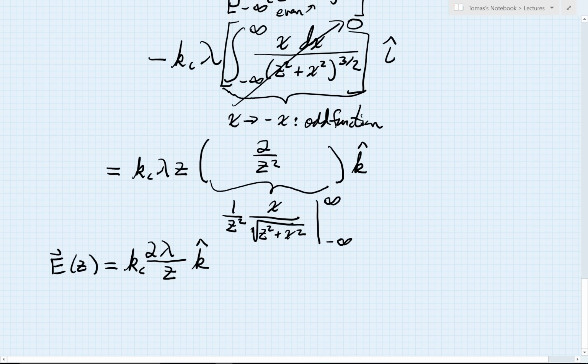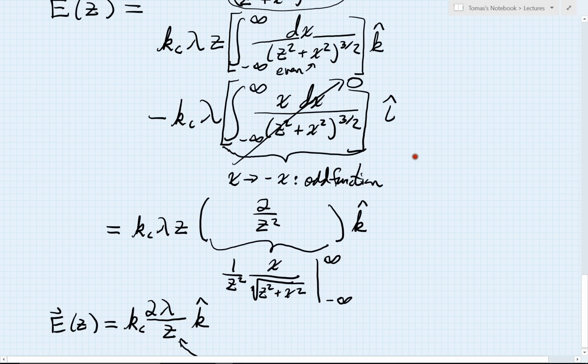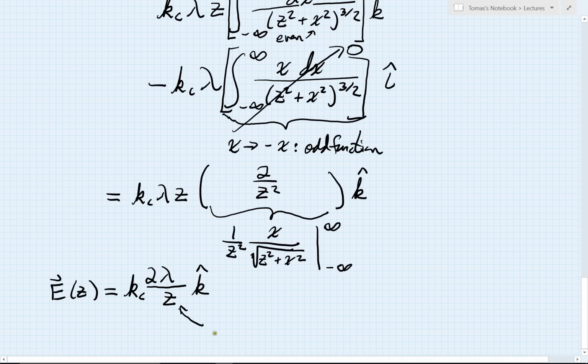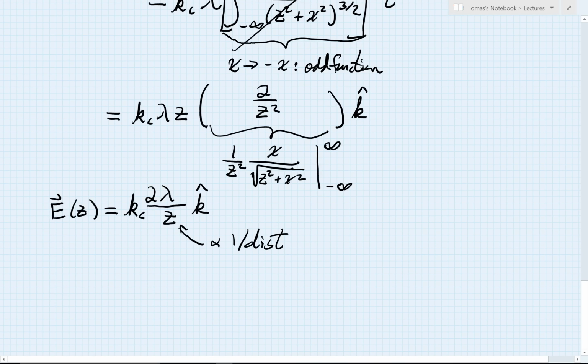What I find interesting about this result is that unlike a point charge, where the electric field strength drops like 1 over distance squared, here notice that because we've smeared our charge out over a line, now the dependence is different. It's proportional to just 1 over the distance. And this is a famous result, and we should put this in our growing database of electric fields that we've already solved.